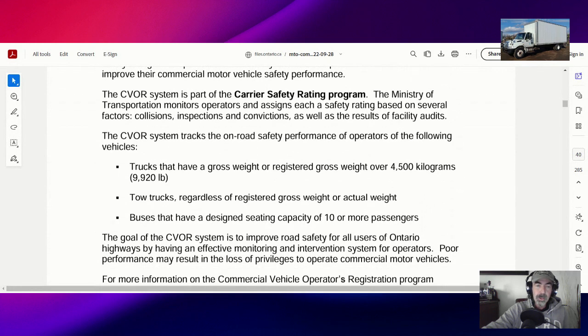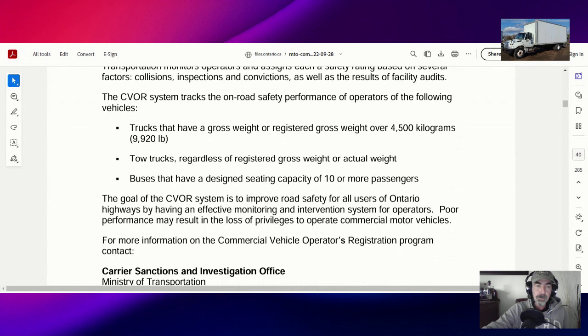The CVOR system is part of the Carrier Safety Rating Program. The Ministry of Transportation monitors operators and assigns each a safety rating based on several factors: collisions, inspections, and convictions, as well as the result of facility audits.